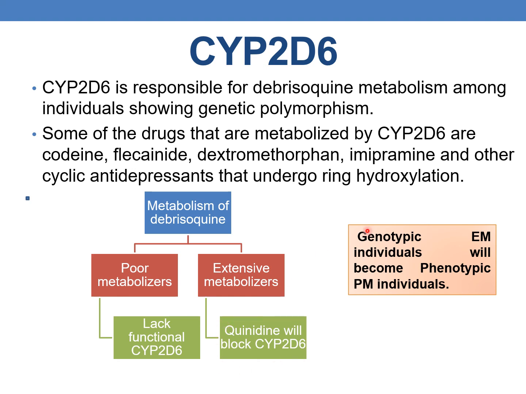Based on this fact, genotypic extensive metabolizing individuals will become phenotypic poor metabolizing individuals. This fact is taken into consideration to determine the activity of the CYP2D6 enzyme, for which debrisoquine is used as a marker.